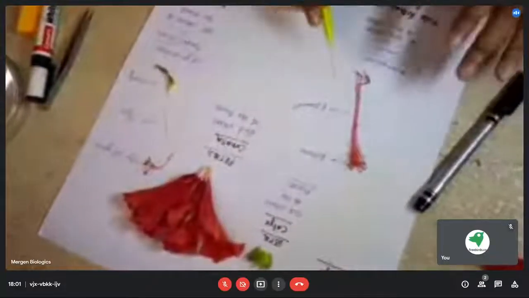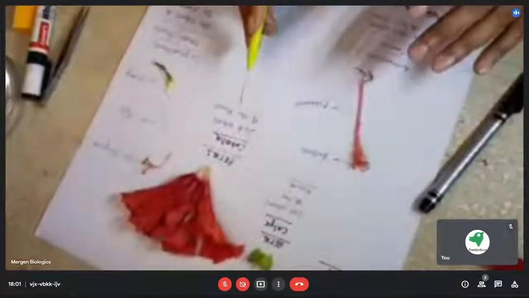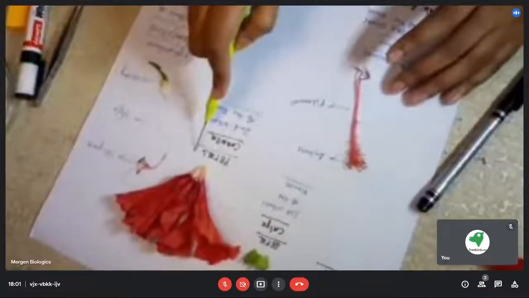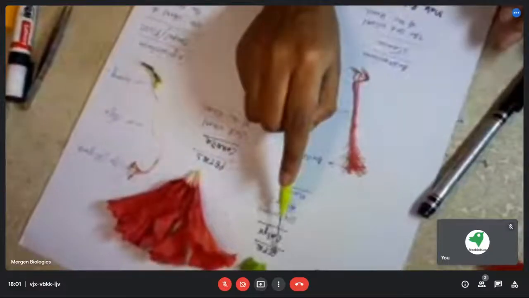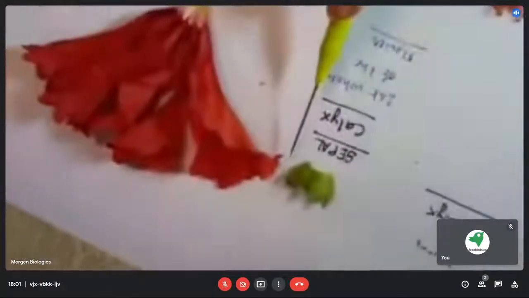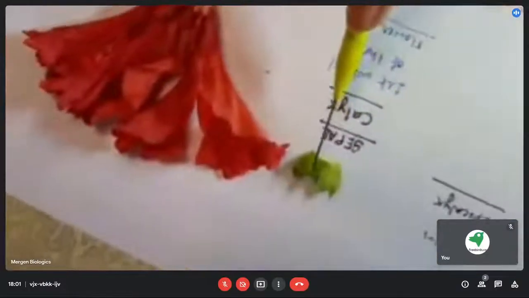And now these flowers, as I have told you earlier, can also differ in arrangement. As I have told you, in the case of sepals, they are fused, so they are gamosepalous. They have valvate aestivation, but if you see clearly, these petals are not fused.